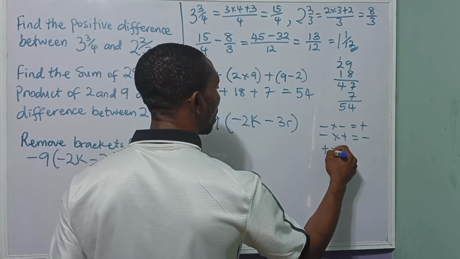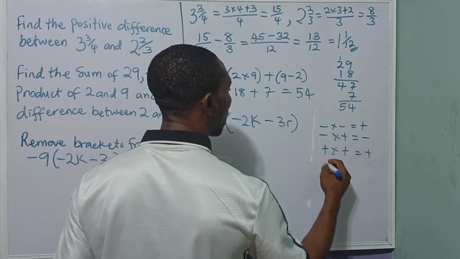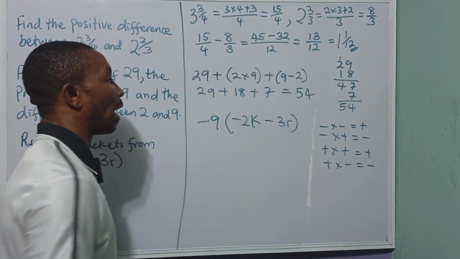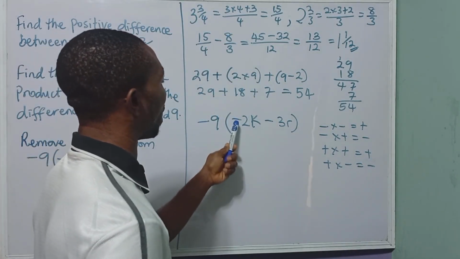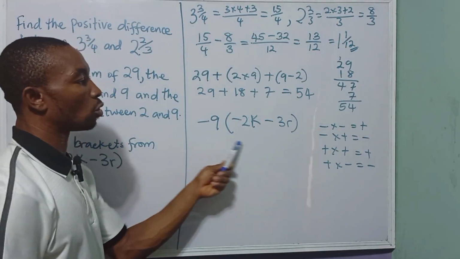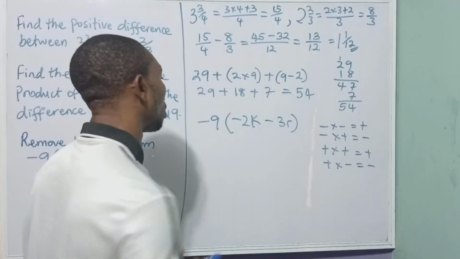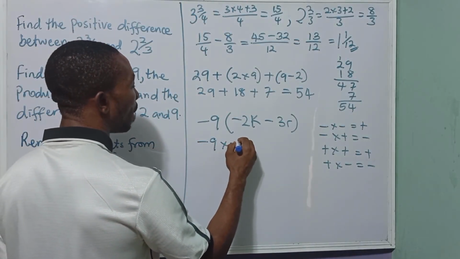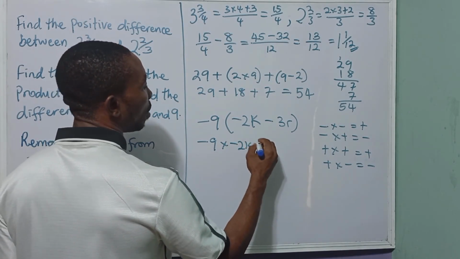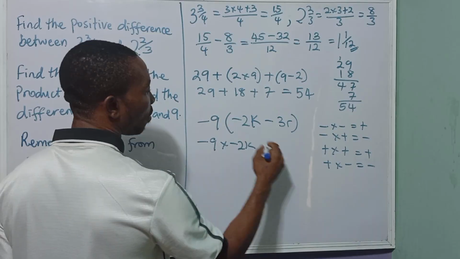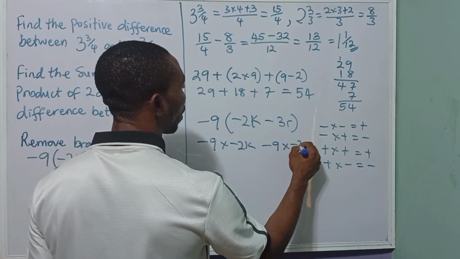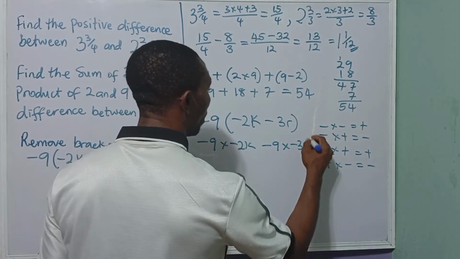Likewise, plus times plus equals plus, and plus times minus equals minus. So in this case, we have a minus times minus. Since we are using minus 9 to multiply all that is in the bracket, we have minus 9 times minus 2k. Then we have minus 9 times minus 3r.